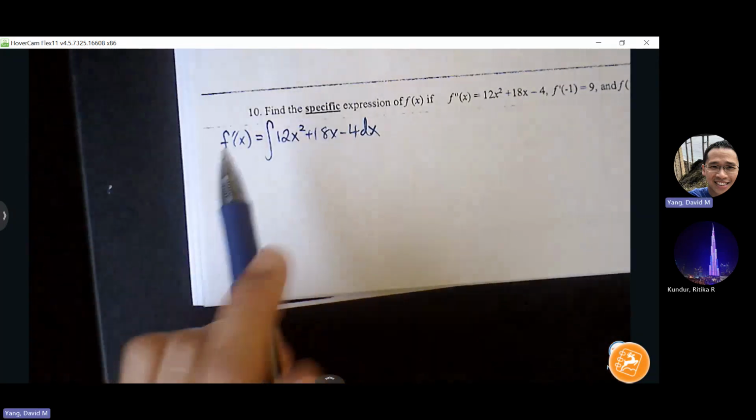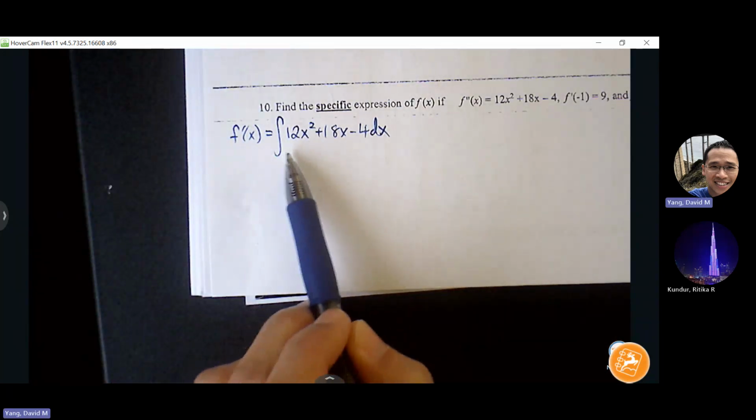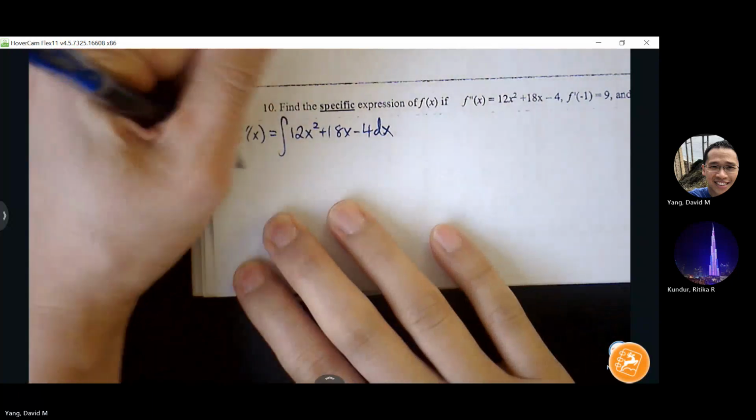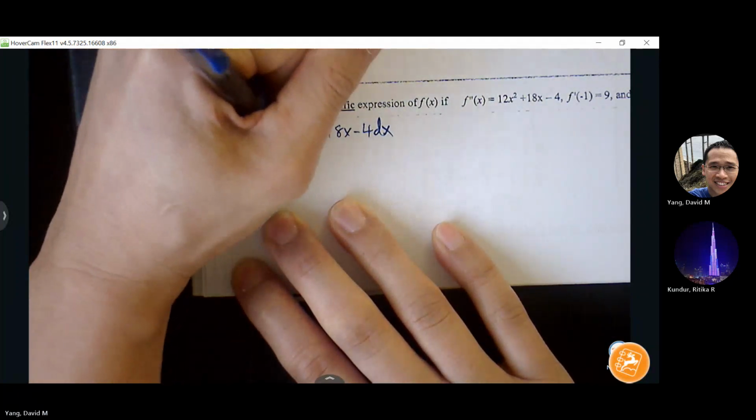Okay, so I'm setting myself up here to get the first antiderivative up to the f prime level. Go through power rule.